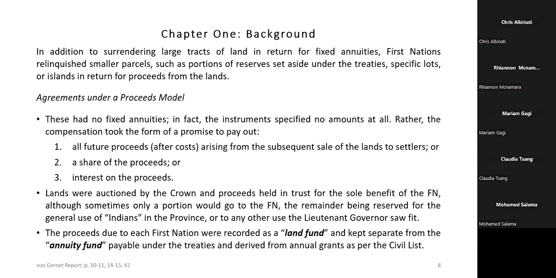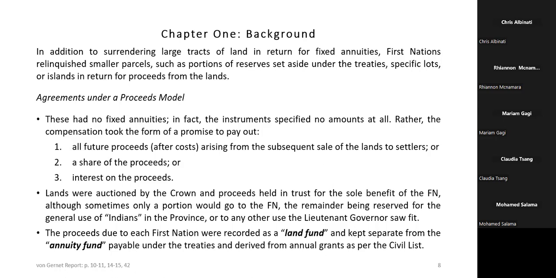Yeah, so there were other types of arrangements, obviously, between the Crown and First Nations, and these usually involved smaller parcels, in particular portions of reserves that had been set aside under previous treaties. And also in some cases, there were islands involved, or small lots of various descriptions.